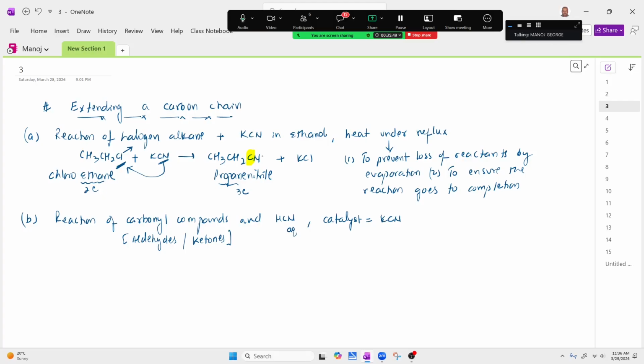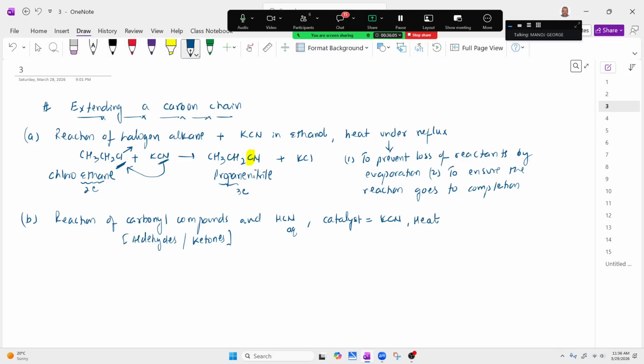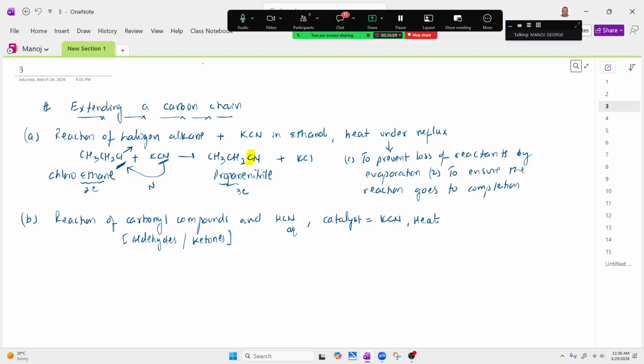Earlier, the KCN was dissolved in alcohol. Here, HCN is simply in aqueous conditions. And we also need heat. And this reaction, I forgot to write the name. The name of this reaction is nucleophilic substitution.